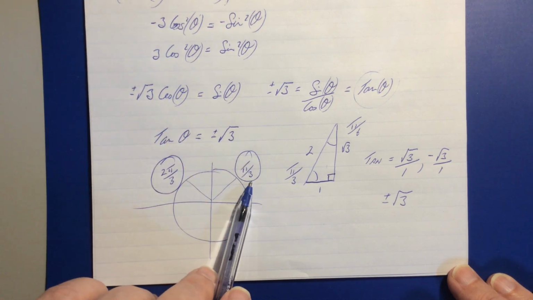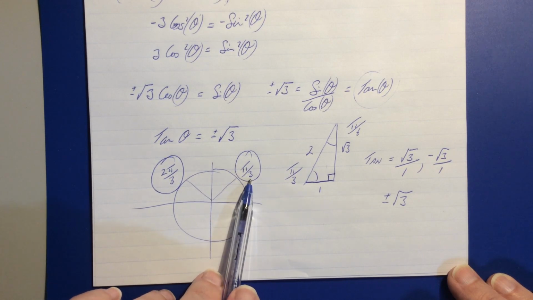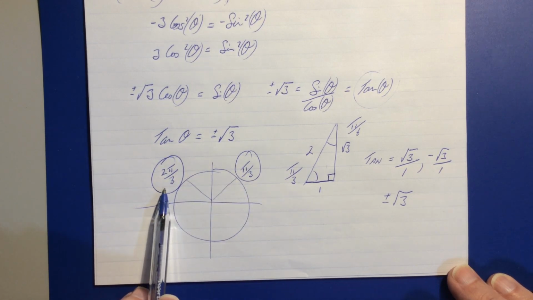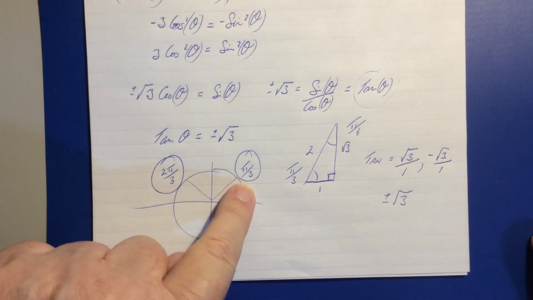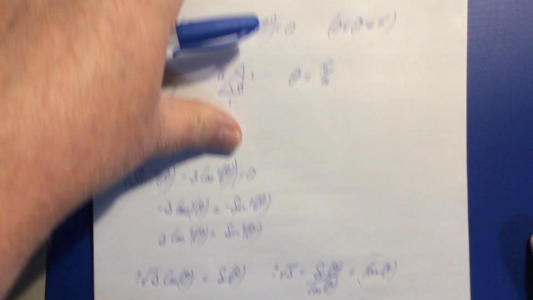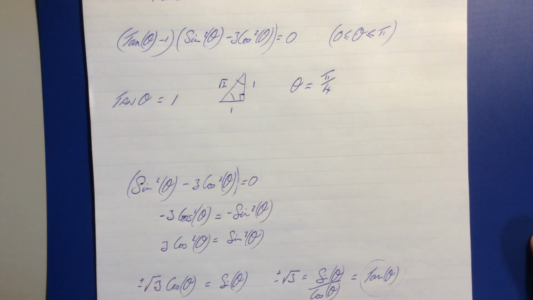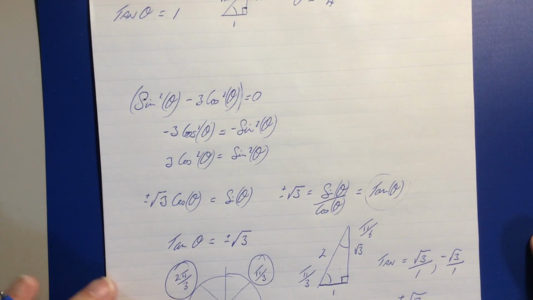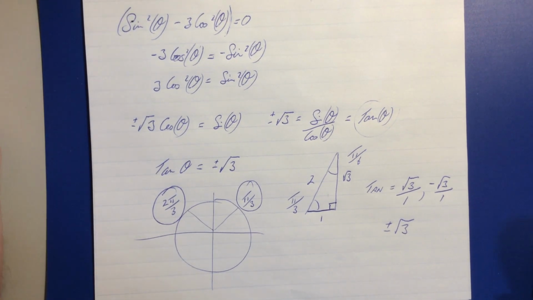So we have two solutions for our problem, pi on 3 and 2 pi on 3. So in total, there are 3 solutions for this. These two here, and this one, up the top here. And the second and third ones are the ones that are tricky.